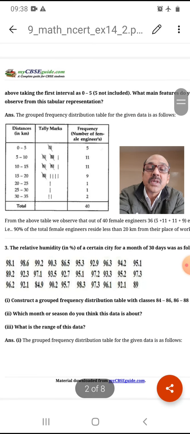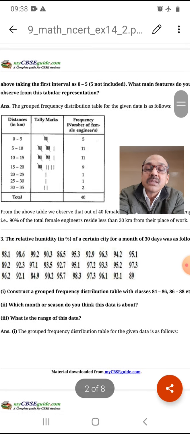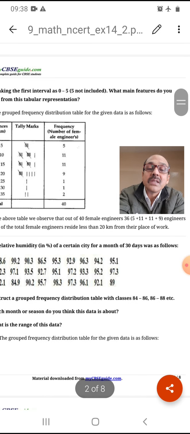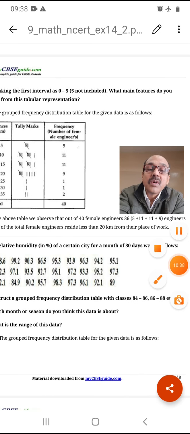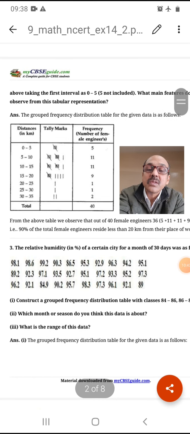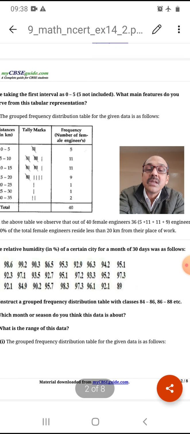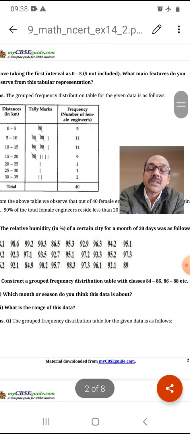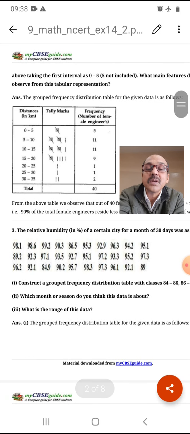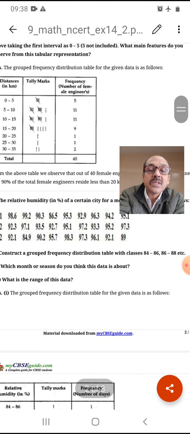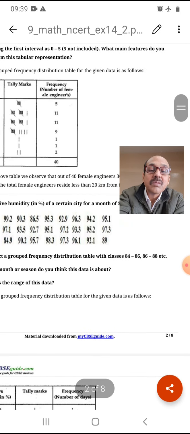Next, question number 3, same type of question. The relative humidity of a certain city for a month of 30 days was as follows. The relative humidity in percentage is given for 30 days, and you have to construct a group frequency distribution table with classes 84 to 86, 86 to 88.